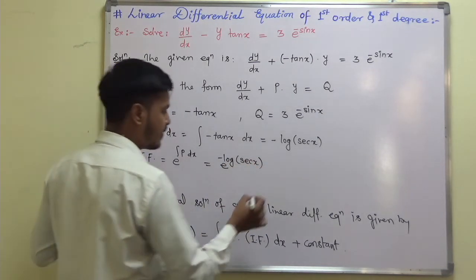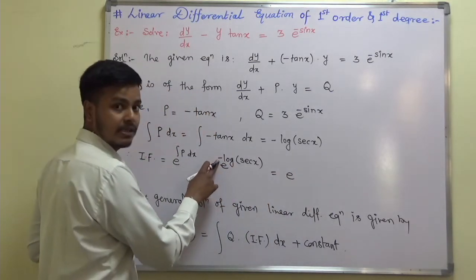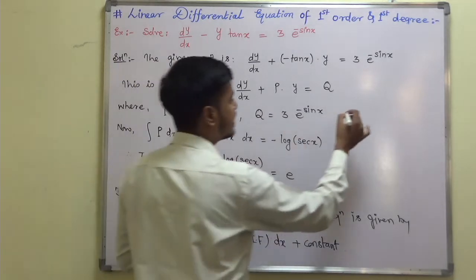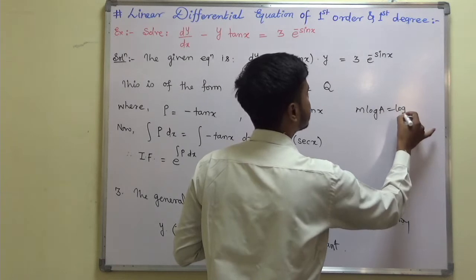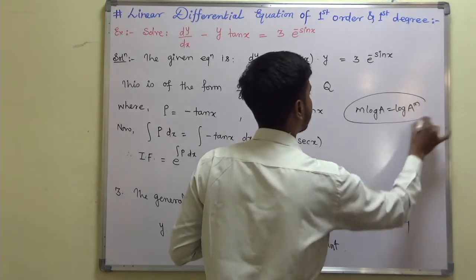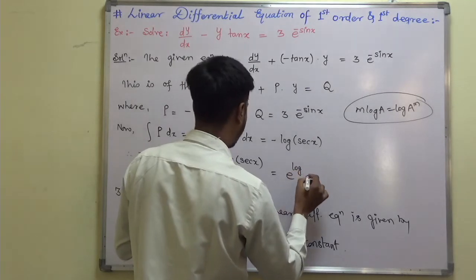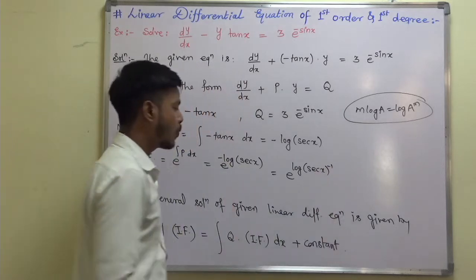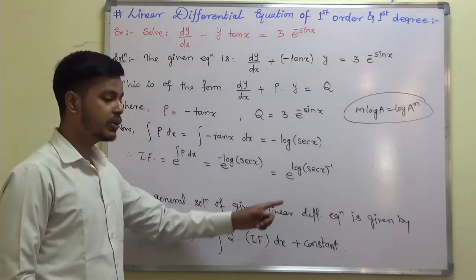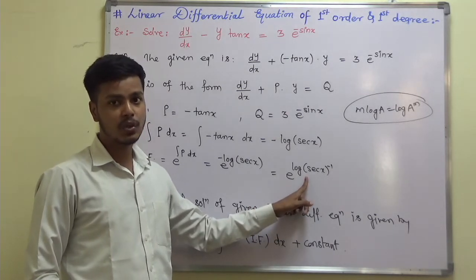Simple. Now this can be written as e to the power, now apply the property of log. It is like m log a. What is m log a? Property says log of a to the power m. So applying this, it would be e to the power log of secant x to the power minus 1. Now you know that exponentiation and logarithm are inverse of each other.